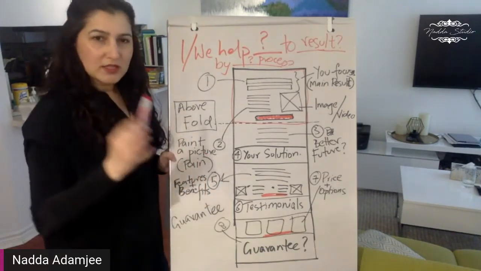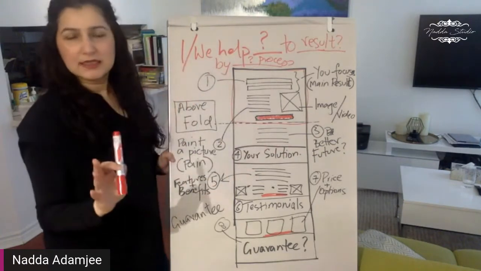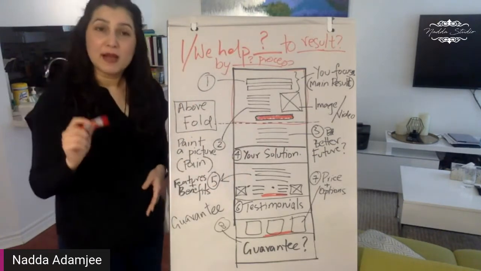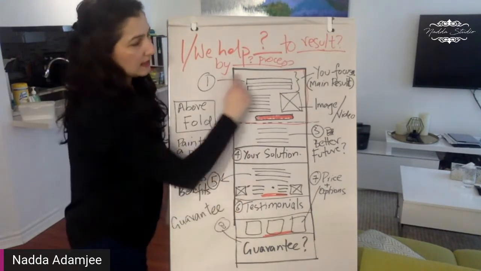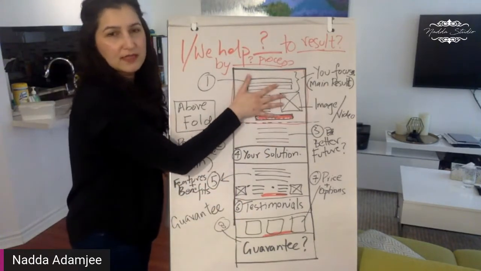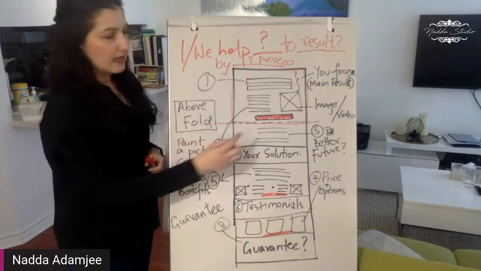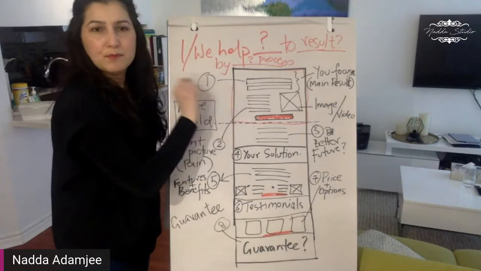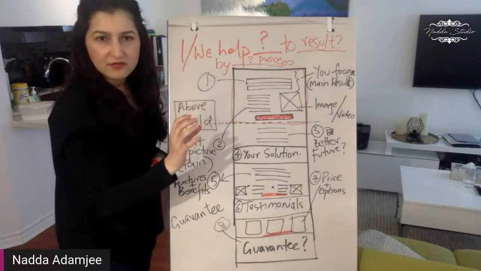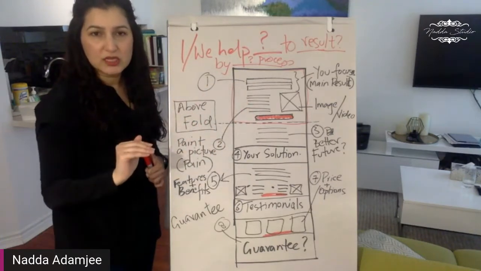And once you've done that, another thing is the format of the sales page. Like I said before, you can switch some of these things around. This area you don't switch, that remains the same. And some of these things you can also make bullet points as opposed to paragraphs, right? Because bullets are always easier to read.